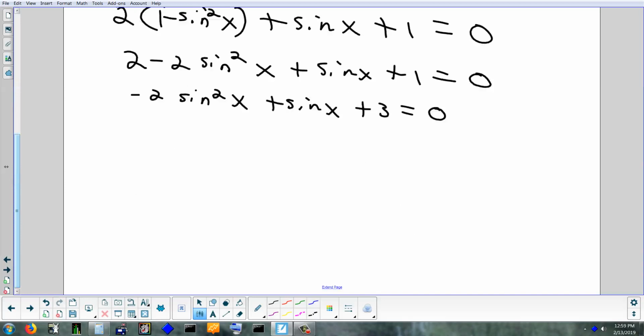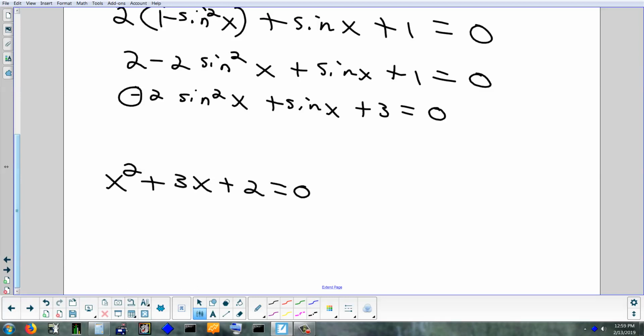Now, I'm not sure if this is a problem that's going to factor, but whenever I factor, I don't like the squared term to have a negative. Usually when you factor something like this, you'd like the squared term to already be positive. So what could I do to all four terms? It won't have an effect on the 0. But what could I do to all four of them to change that negative in front to a positive?